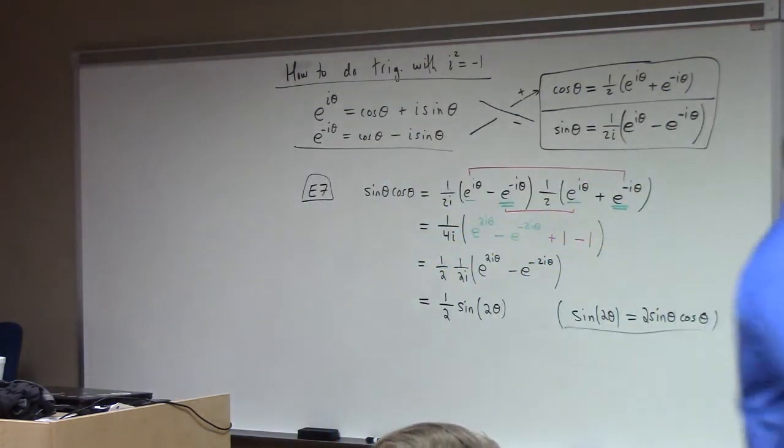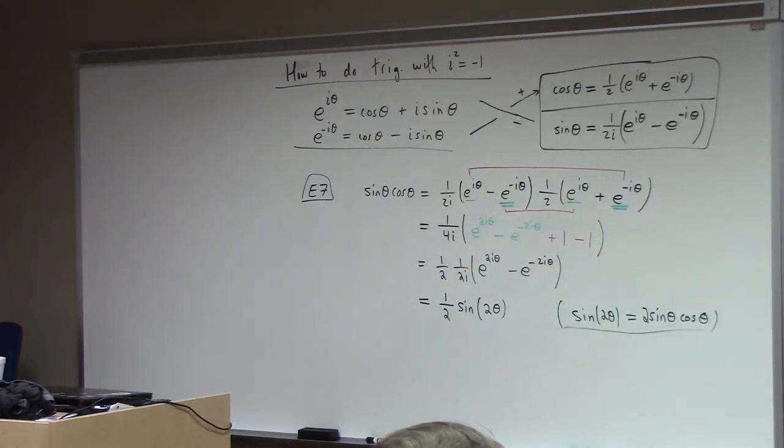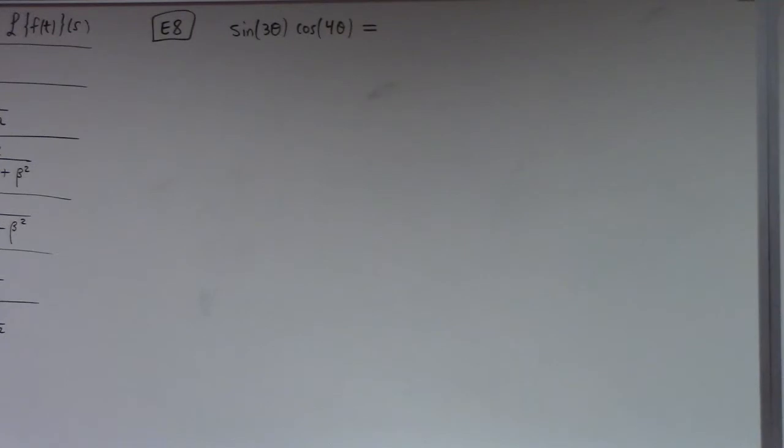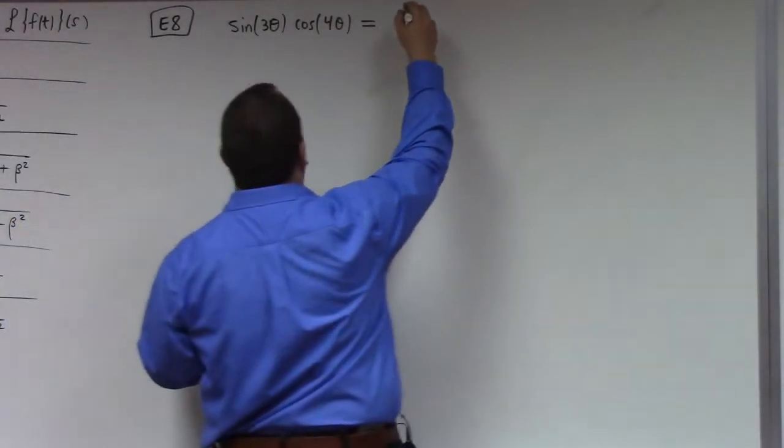Show you another example of this flavor. What if you want to simplify something like the sine of 3 theta times the cosine of 4 theta? Can you simplify this? In fact, you can. Here's how.